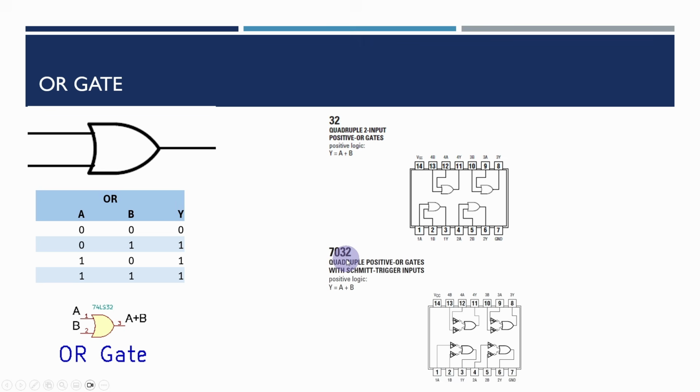Looking at the TI databook, there was also a 7032 series which had Schmitt trigger inputs as well, similar to the previous one. But there aren't many variants of the OR gate. There is generally a far wider variety of NOR and NAND chips, because they tend to be a bit more useful, for reasons that we'll cover in the next video.